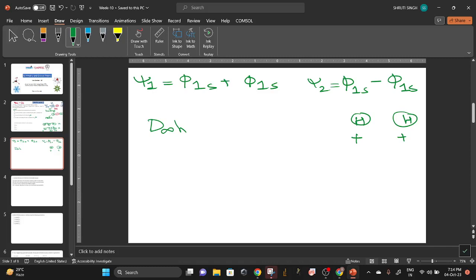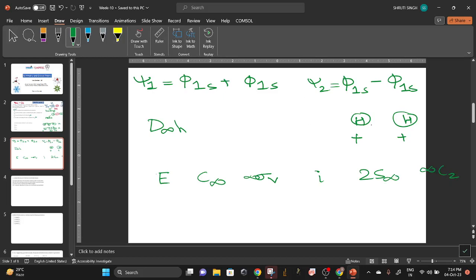But if you simply see from the character table of this combination, the characters will be for E, C infinity, infinite times sigma v, i, infinite C2.